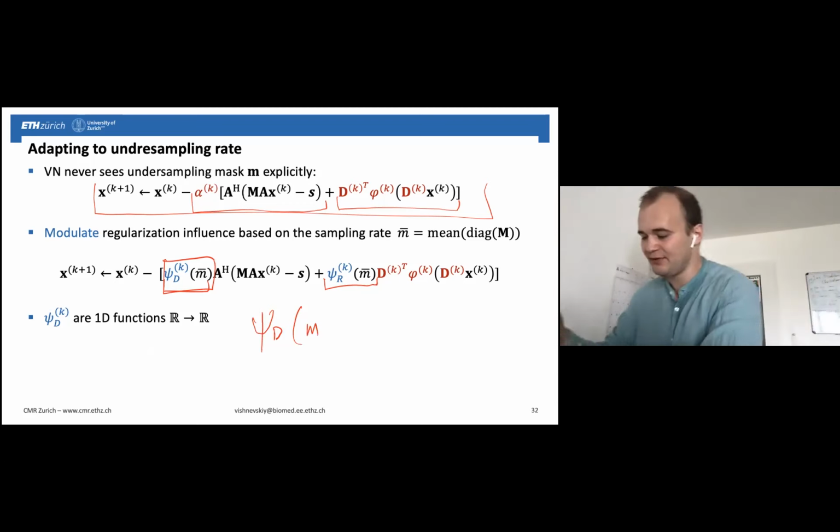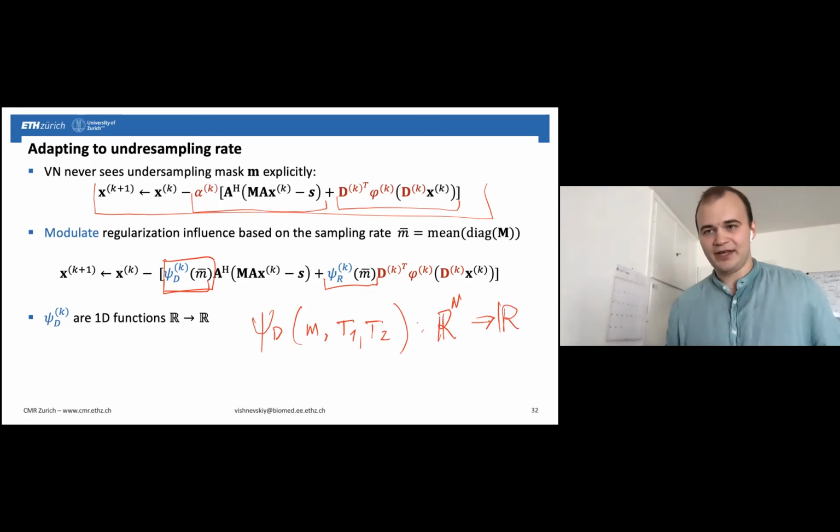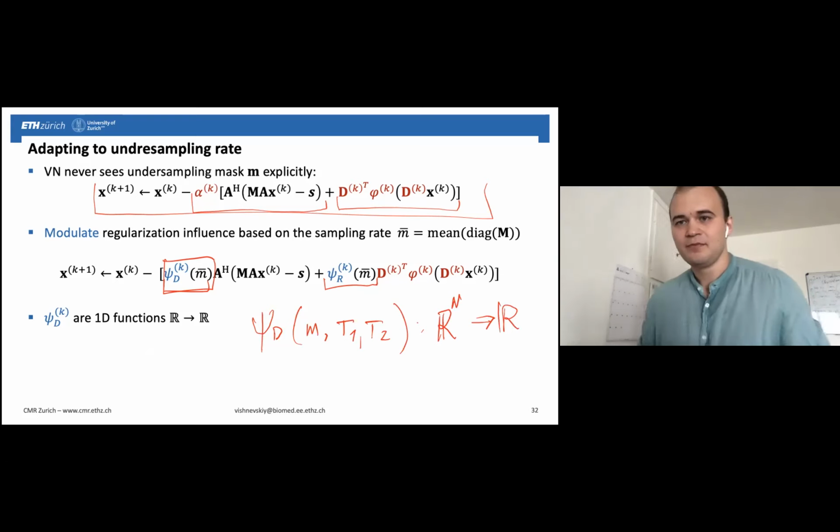So the reconstruction will be very different. So you can put the full mask, you can also put T1 and T2 times for this acquisition. And now this will be a neural network that maps something like Rn into R, and it just modulates one of these data terms.